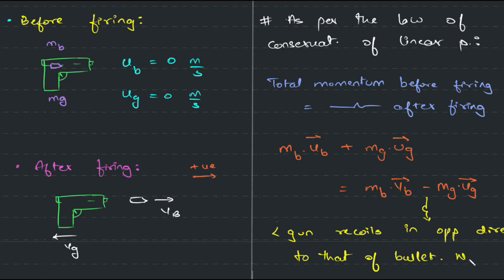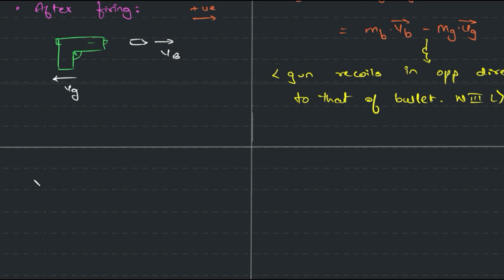So this is explained by Newton's third law. Right guys, so when you substitute the values, ub and ug are 0, so this LHS will be equal to 0. Then we have mb vb minus mg vg.